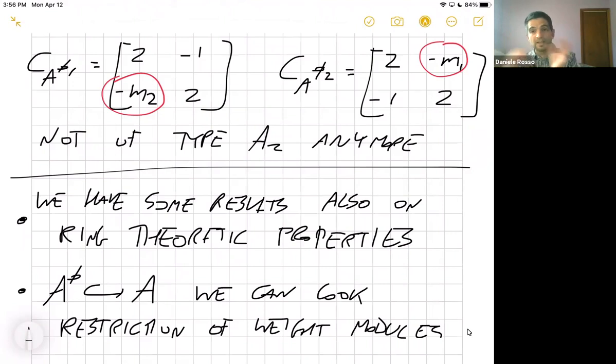So we can say something about how simple weight modules behave under restrictions, again in certain types like rank 1 or type A2 and so on. But I think I'm out of time, so I should probably stop here. So thank you.